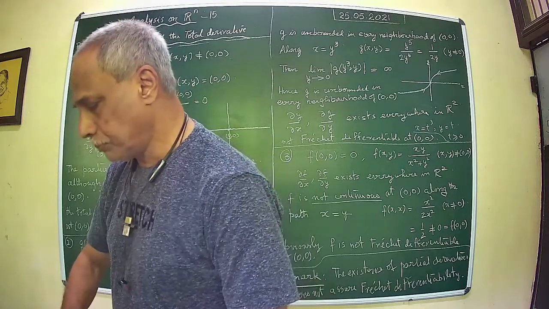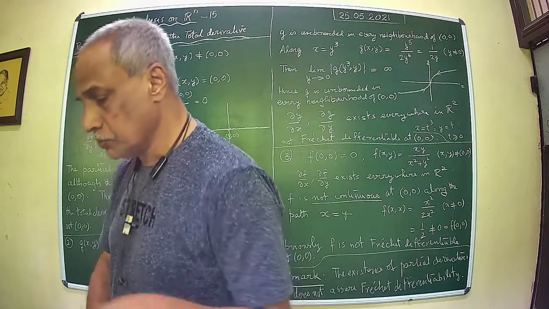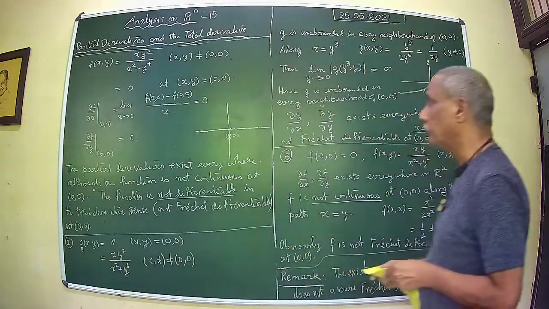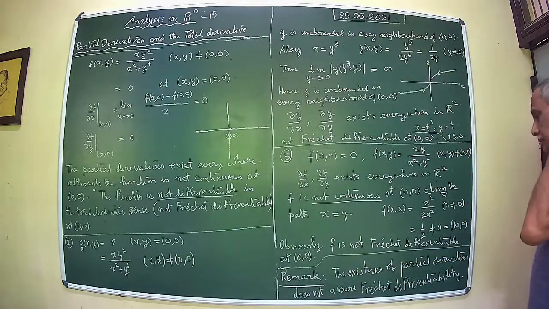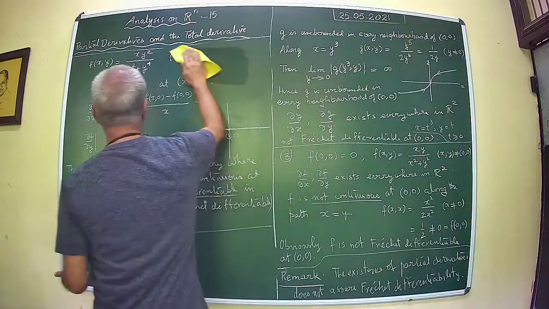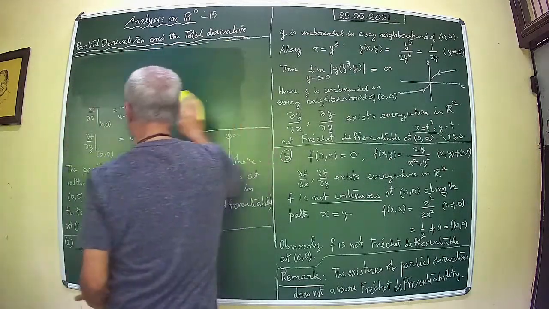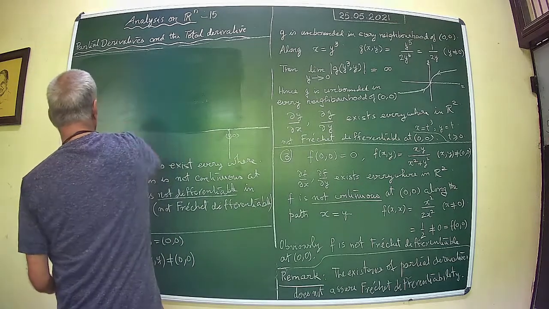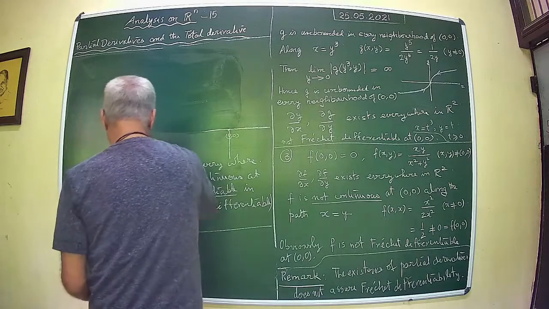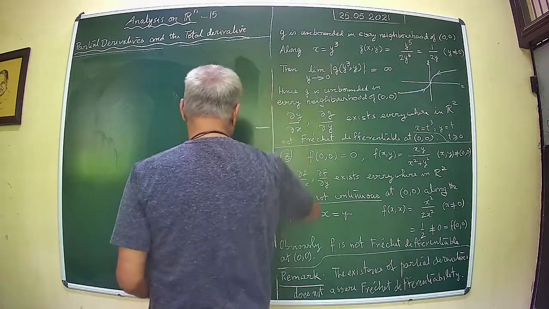So I will take up another example later, but before that we prove the other way around, namely that if the function is Frechet differentiable, then the partial derivatives exist, and we also establish the link or the connection between the two statements, namely the Frechet derivative and the partial derivatives.